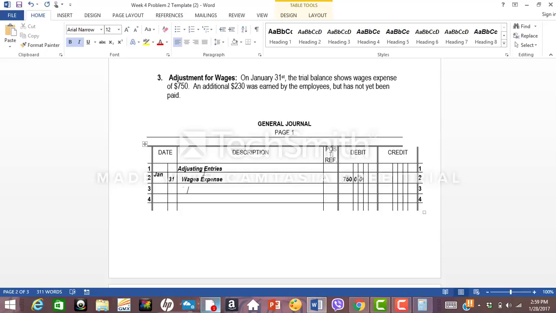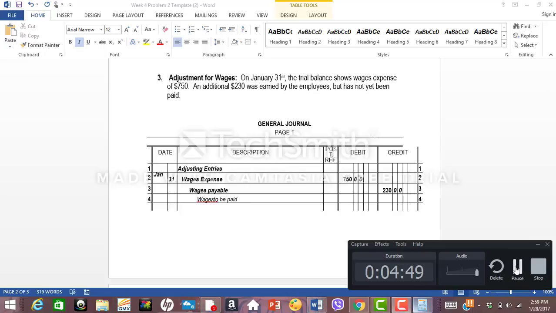And then it would be wages payable, which is an extra sum of the wages that still need to be paid, for $230, which would be under the credit side. And this goes under accounts payable. Wages to be paid. Okay.